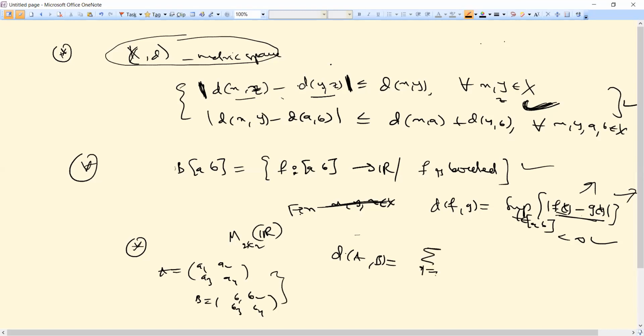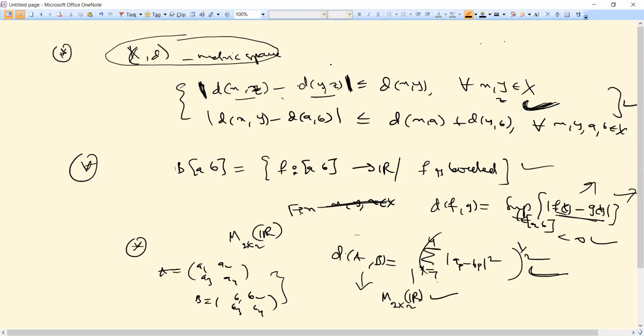It is the summation over i equals 1 to 4 of modulus of (a_i minus b_i) whole squared, whole power 1 by 2, looking like the L2 metric. By Minkowski's inequality, it is a metric. Therefore, this d is a metric on the set of all 2x2 matrices over the field R.